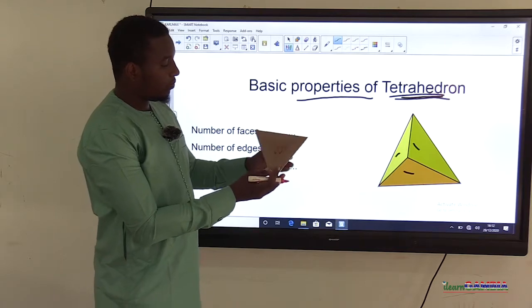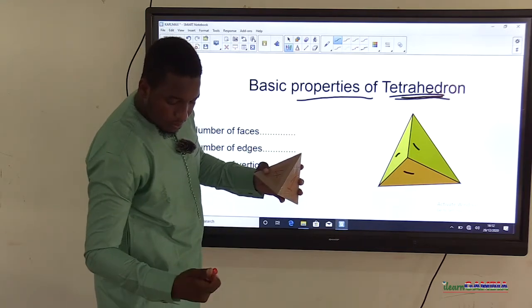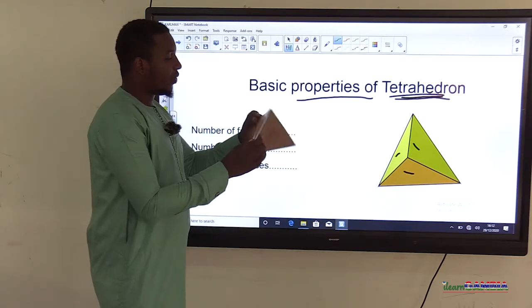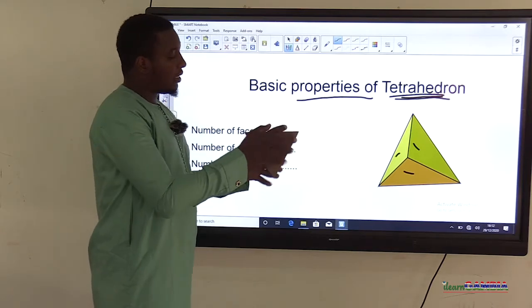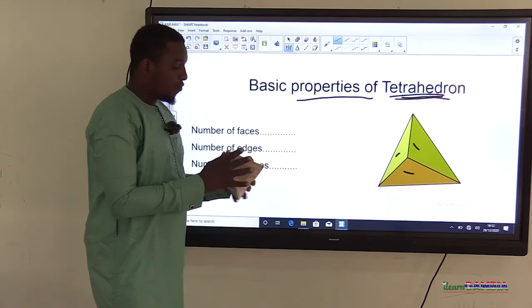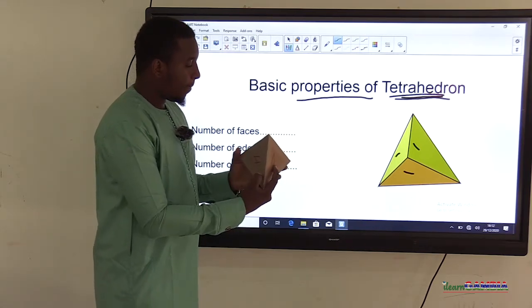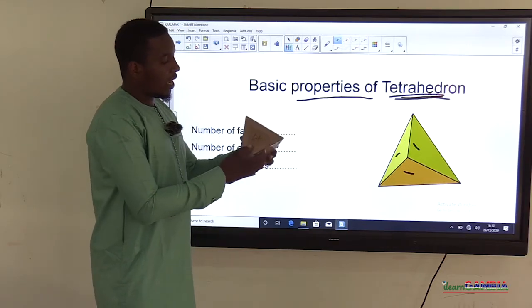Is that all? I think we have marked all the faces. That simply means that this tetrahedron has 4 faces: 1, 2, 3, and 4.